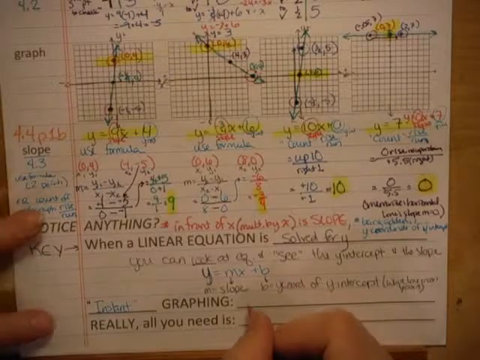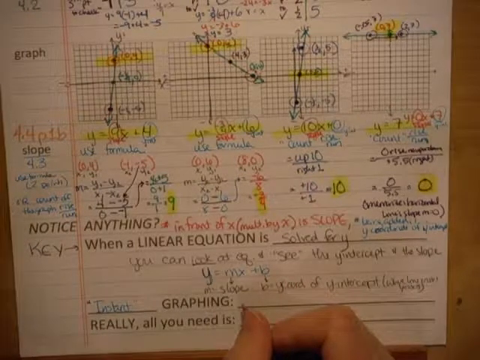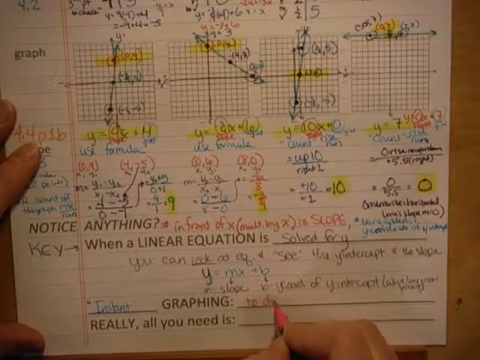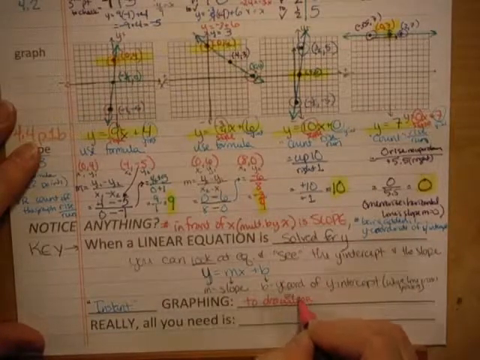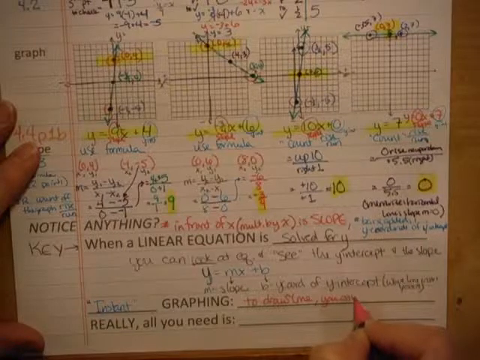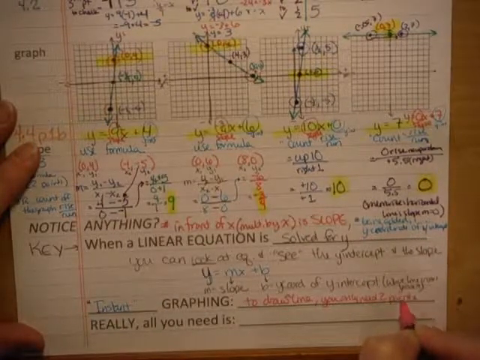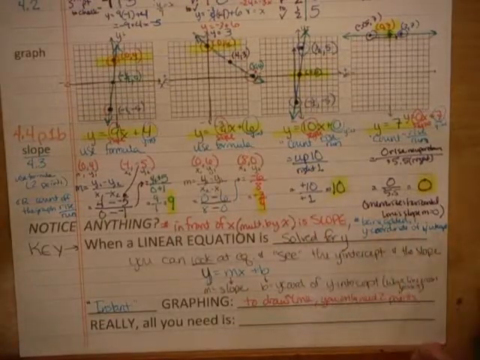Instant graphing. Okay? Now we've talked about this before, that all you really need to draw a line, you really only need 2 points. Once you're confident about the 2 points, you just connect the dots and extend the line, and there you have the graph.